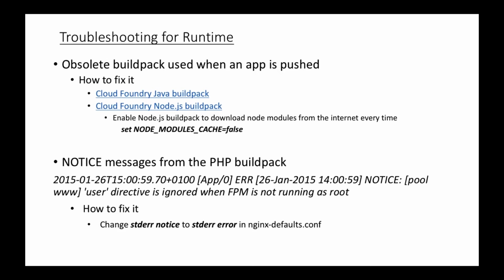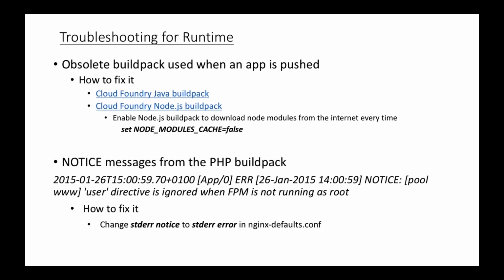So how do we fix this issue? You can use build packs that have built-in mechanisms to avoid loading outdated components. For example, the Cloud Foundry Java build pack has a built-in mechanism to ensure that the latest version is always used. Similarly, the Cloud Foundry Node.js build pack provides similar functionality by using environment variables.